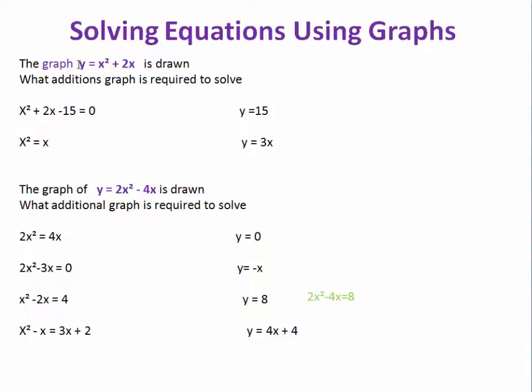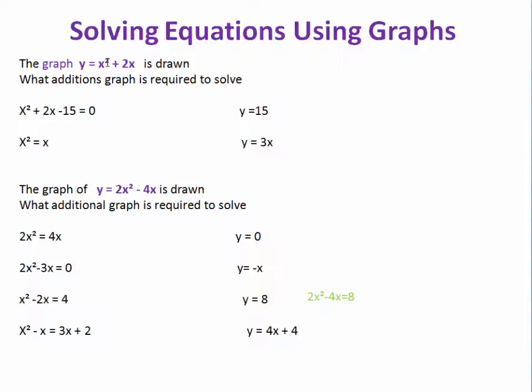Okay, in the second one we've got y equals x squared plus 2x drawn for us again, and we want to solve this equation x squared equals x. So x squared plus 2x on one side. What do we need on the other side? That when we bring all the x's to one side, it equals x squared plus 2x. Well, the answer is 3x.